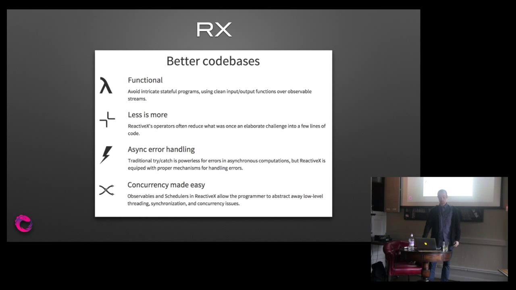So why is it better code based? I've basically just taken this straight from the site, being a little bit lazy. But it's functional, so it avoids the intricate stateful programs. So it's a functional way of thinking. The programs you'll see, I'll give examples, are a lot smaller and they do a lot more, so less is more obviously.